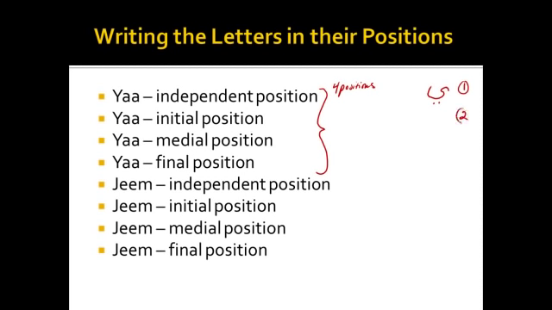In the initial position, the Ya will look like this. In the medial position, the Ya will look like this. And in the final position, the Ya will look like this. So the Ya in the initial and in the medial positions looks much like the Ba and the Ta.